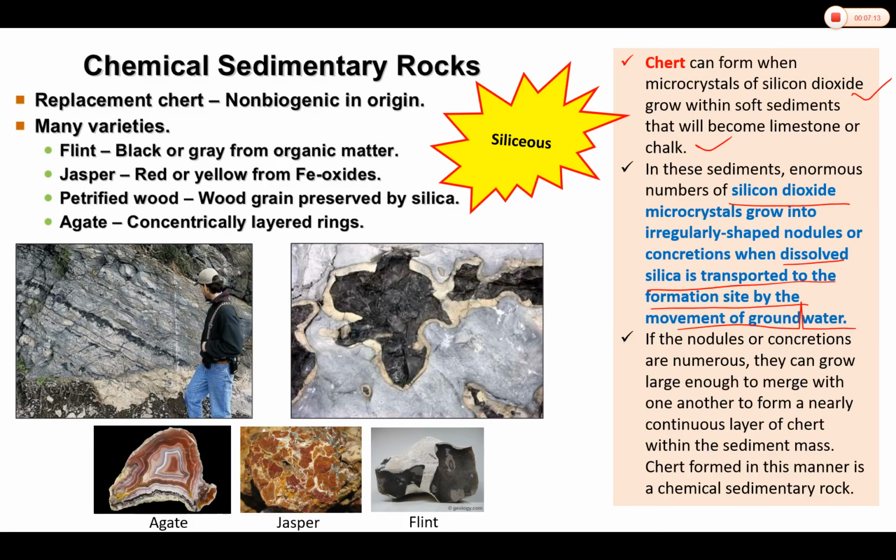This does not mean that this kind of chemical sedimentary rock does not undergo processes like weathering, erosion, transportation, but it might have compaction and cementation because it is related with the dissolved minerals. So for the chemical sedimentary rock, for example, we have the flint.